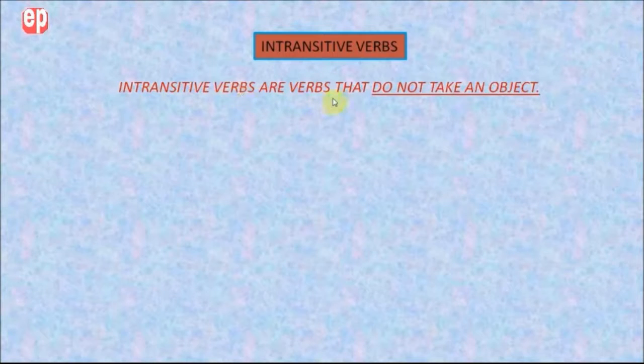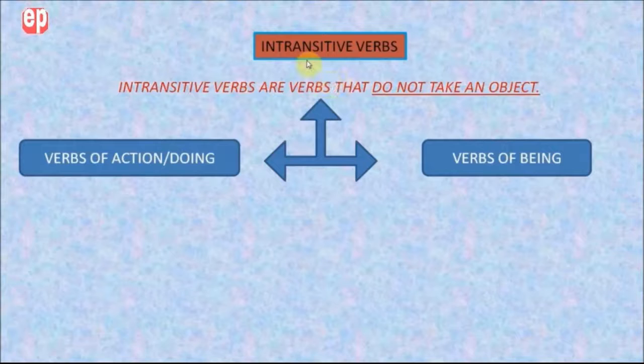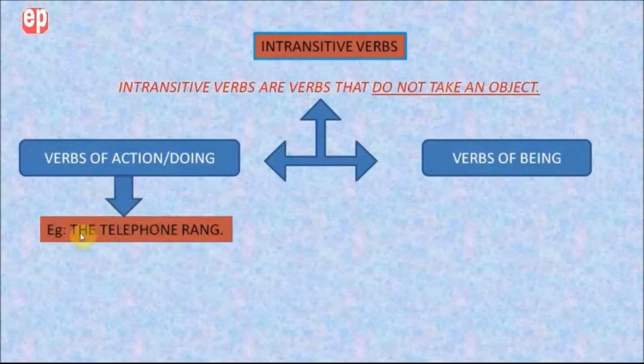Now let's quickly look at intransitive verbs. Intransitive verbs are verbs that do not take an object. As I said earlier, there are two types of intransitive verbs, verbs of action and verbs of being. Now let's see verbs of action. For example, the telephone rang.